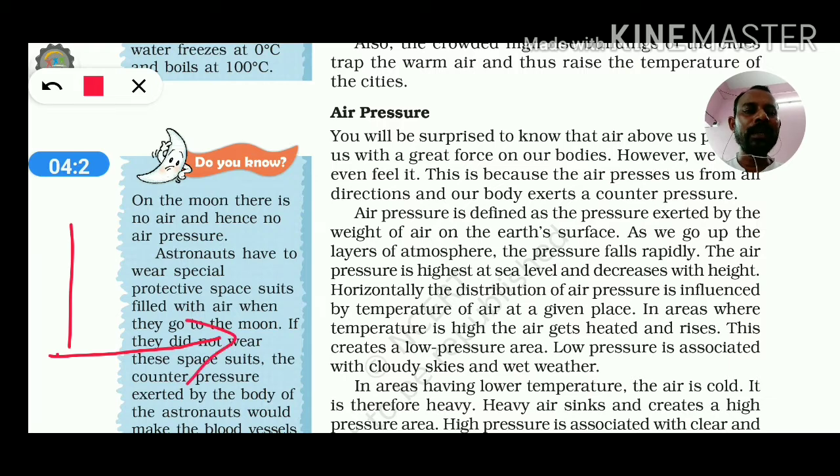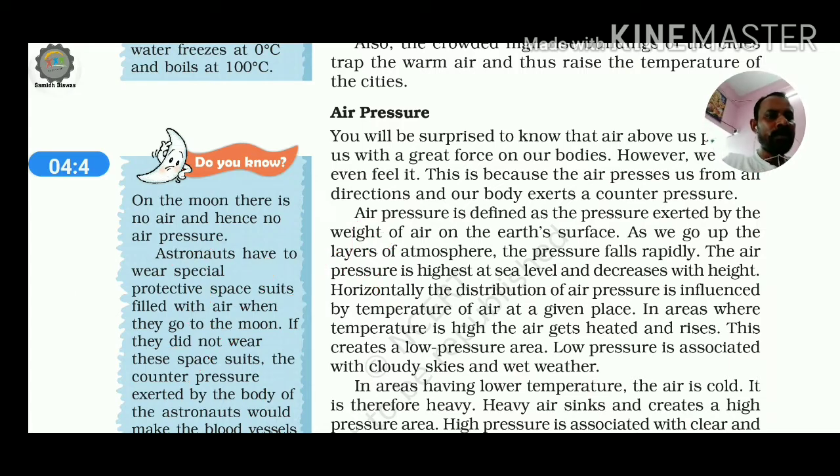The horizontal one is mainly dominated by temperature. The main reason behind the variation in horizontal air pressure distribution is that temperature is responsible. So I think it is clear to you, the temperature.